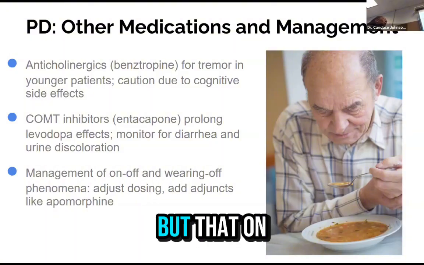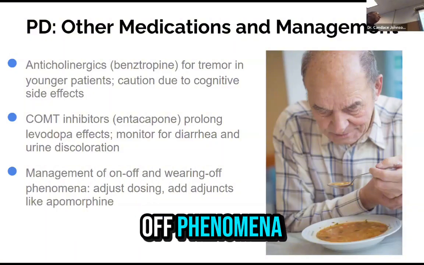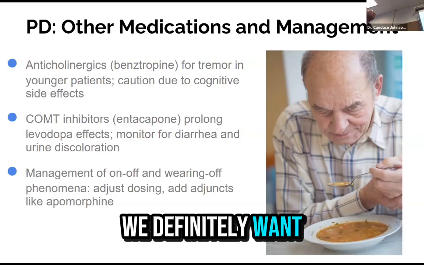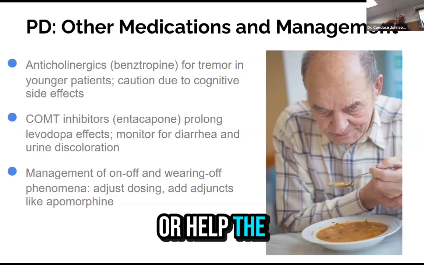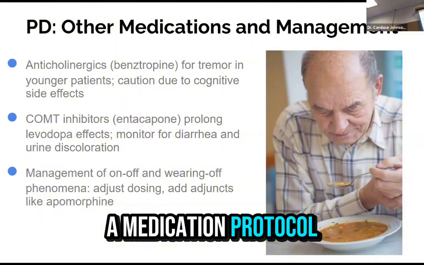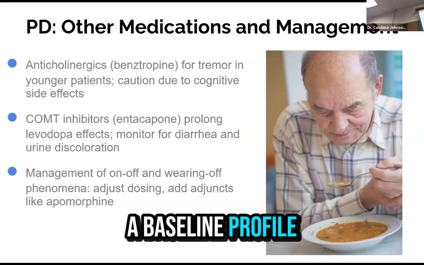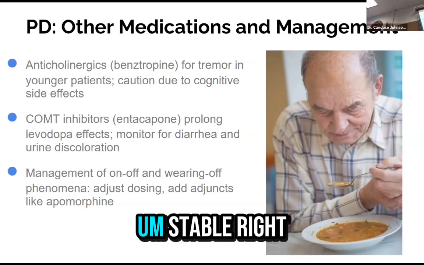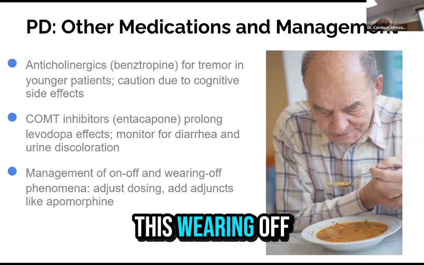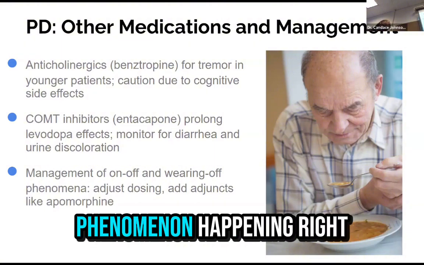All right, but that on and off, wearing off phenomena, we definitely want to help the patient create a medication protocol that allows them to have a baseline profile that's relatively stable. We don't want this wearing off phenomena happening.